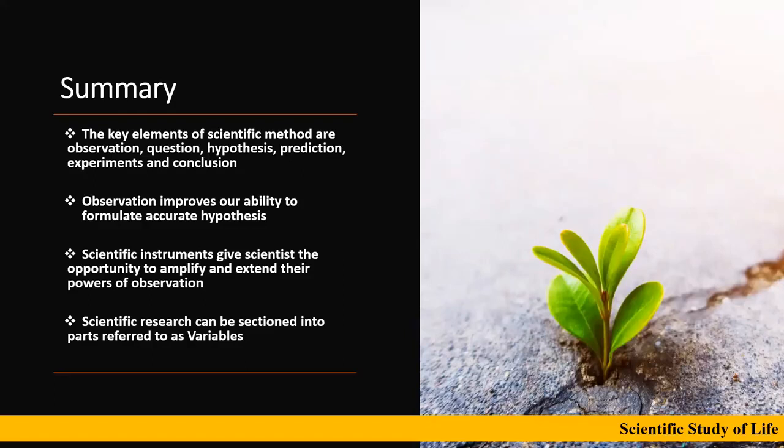Observations help improve our ability to formulate accurate hypotheses, and scientific instruments give scientists the opportunity to amplify and extend their powers of observation. Scientific research can be sectioned into parts that are referred to as variables, where we would have our independent variable, dependent variable, controls, and extraneous variables.